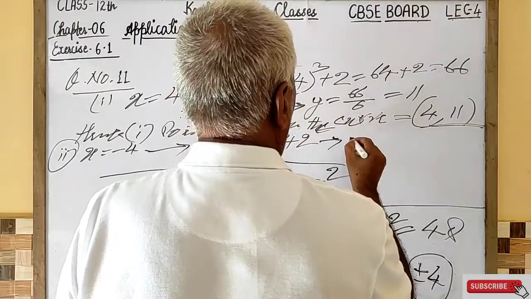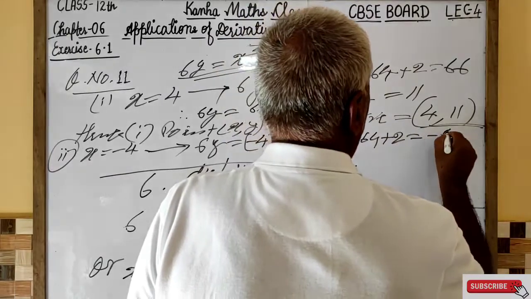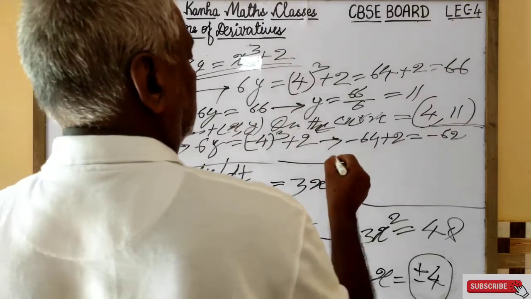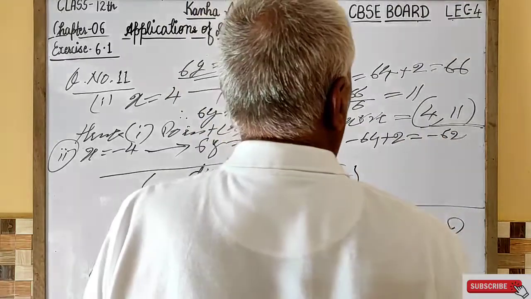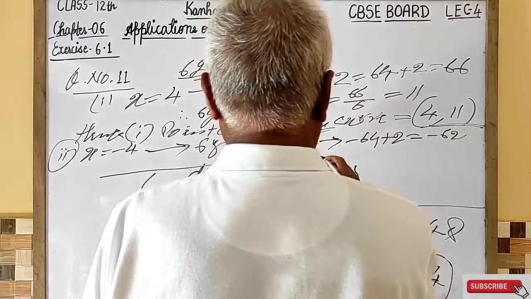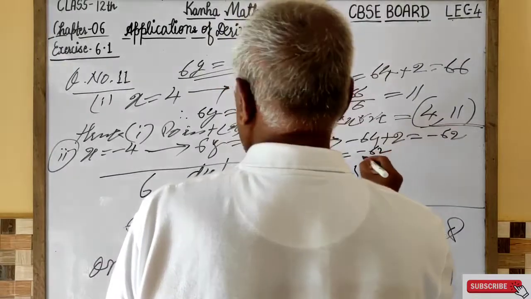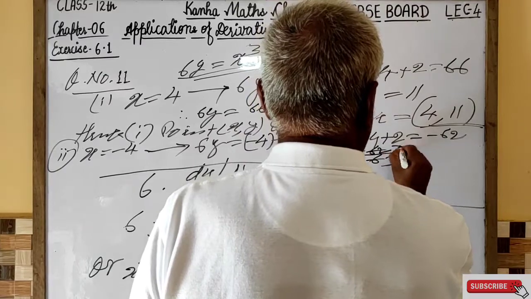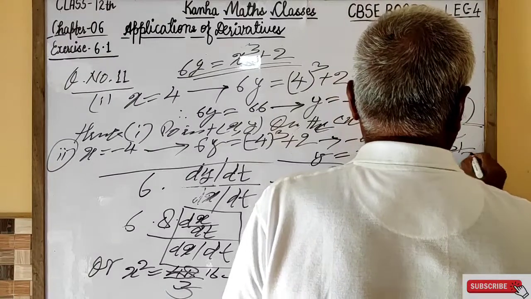It means minus 64 plus 2, minus 62, and y is equal to minus 62 upon 6, which cancels to minus 31 by 3.